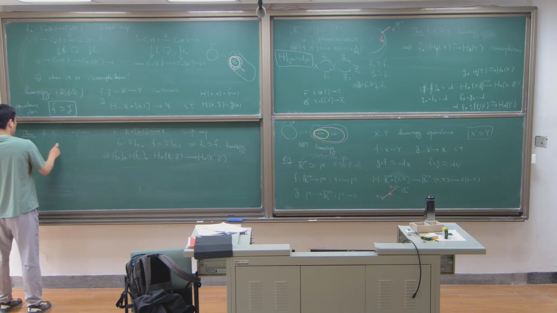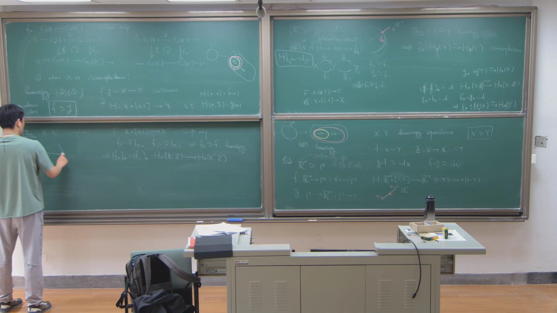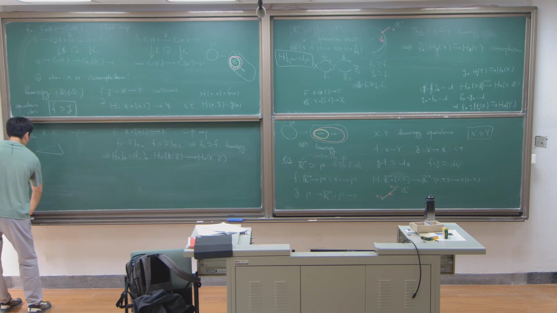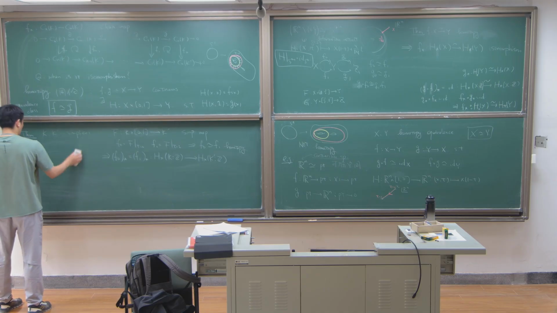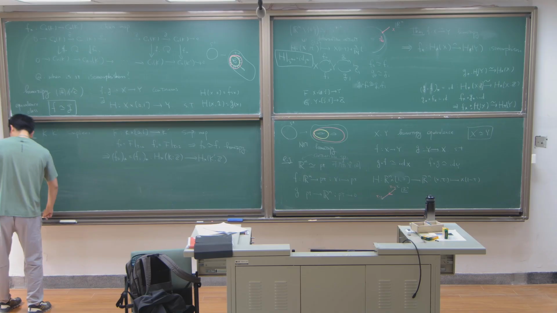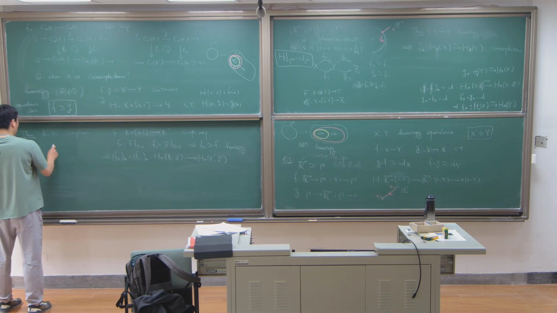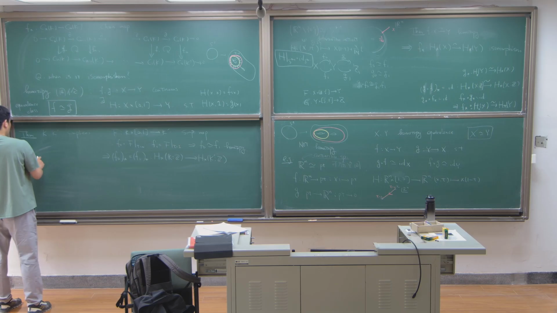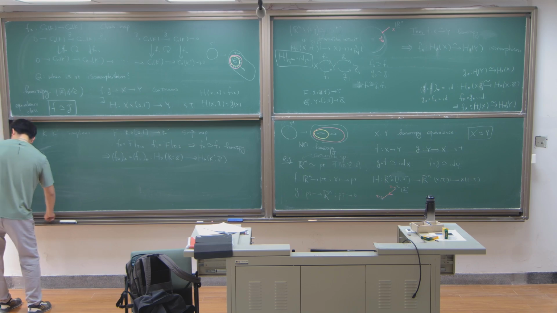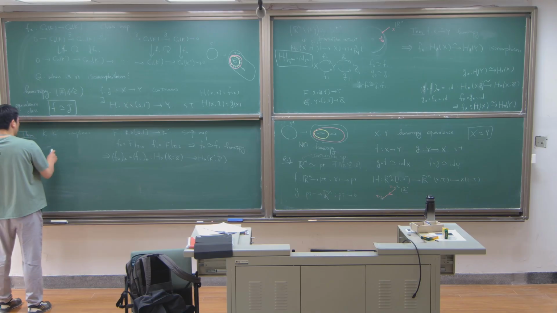So let's suppose, let's consider K. K is something like this. K cross I is something.